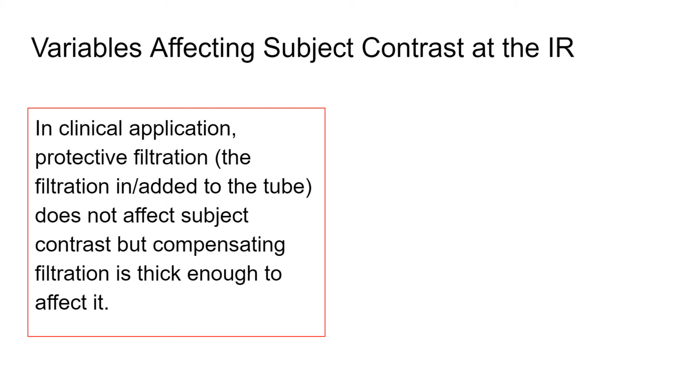Compensating filter, which is utilized for like a foot or spine work. This is where we talked about the filter taking away only a certain amount of exposure from a certain spot. That's different than the kind that you put directly in the tube. This is talking about doing, let's say, a scoliosis series, and you have one exposure to do C, T, and L spine.